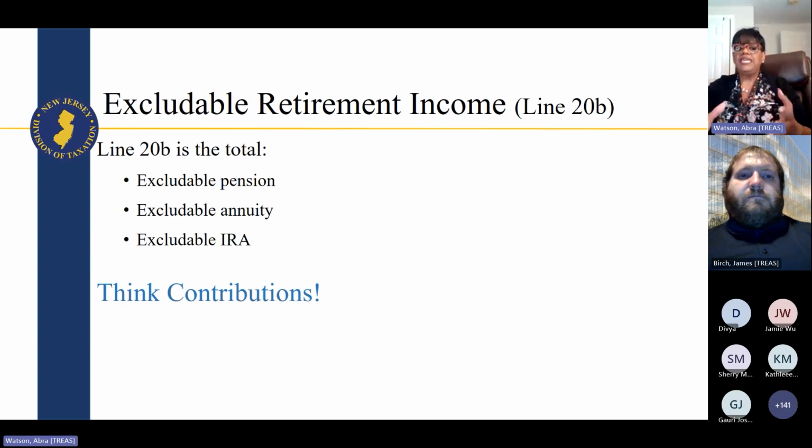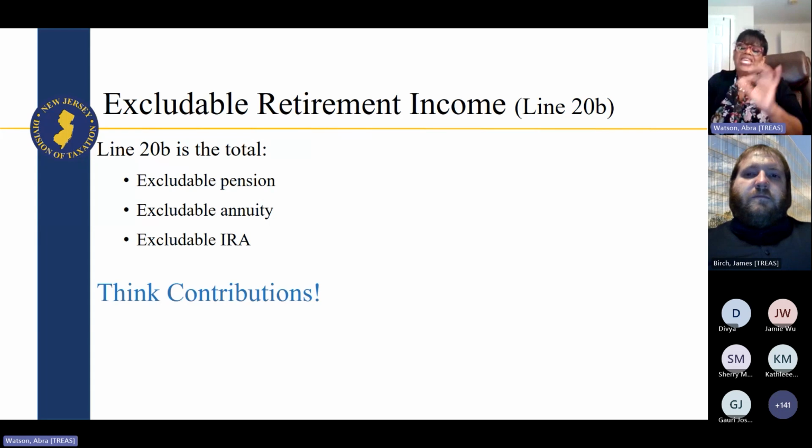Your 20B are the portion of your calculations that you are excluding. These represent the excludable portions. It does not represent the exempt pension income. So I want to make sure that that's clear. It does not represent exempt pension income.